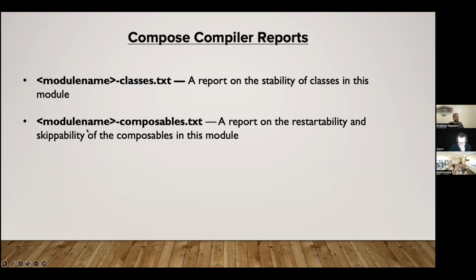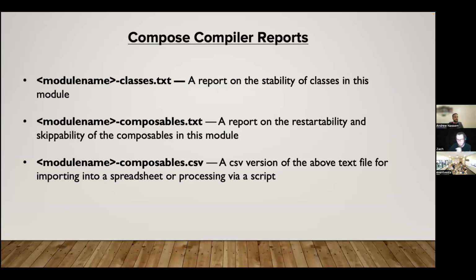The second one is composables.txt, which is a report on the restartability and the skippability of the composables in this module. The third one is a CSV file for this file that you can import into a spreadsheet or process via script or something like that, just to learn from it.